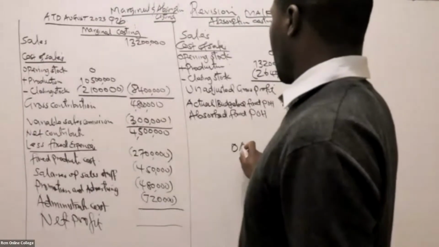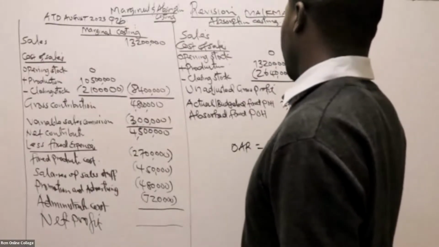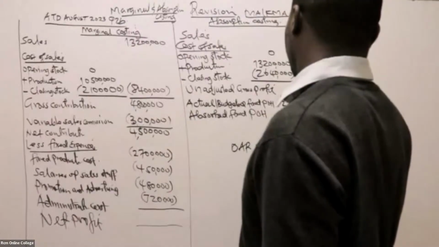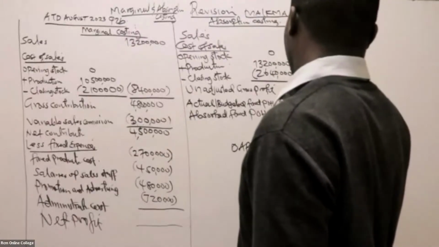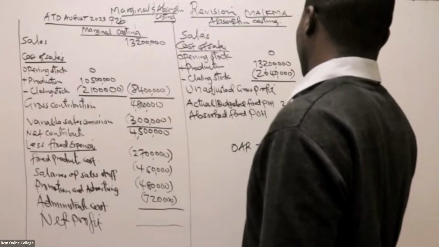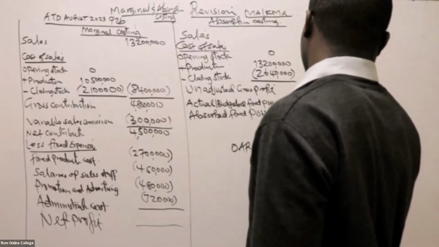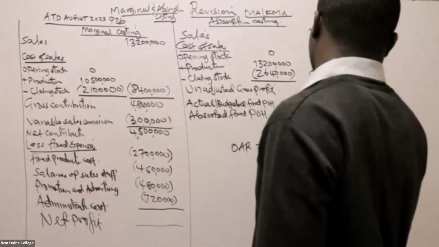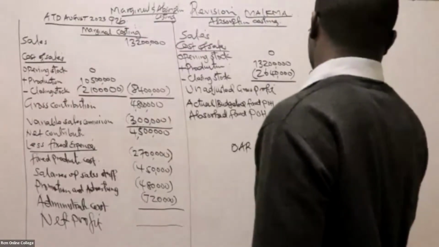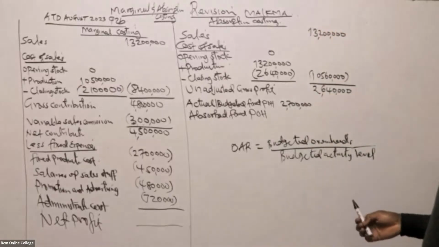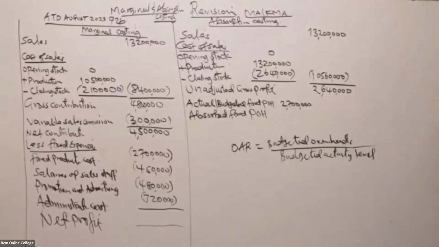The overhead absorption rate is equal to budgeted overheads divided by budgeted activity level. I'm not being specific because this activity level can be labor hours, machine hours or units produced. We use budgeted or actual.